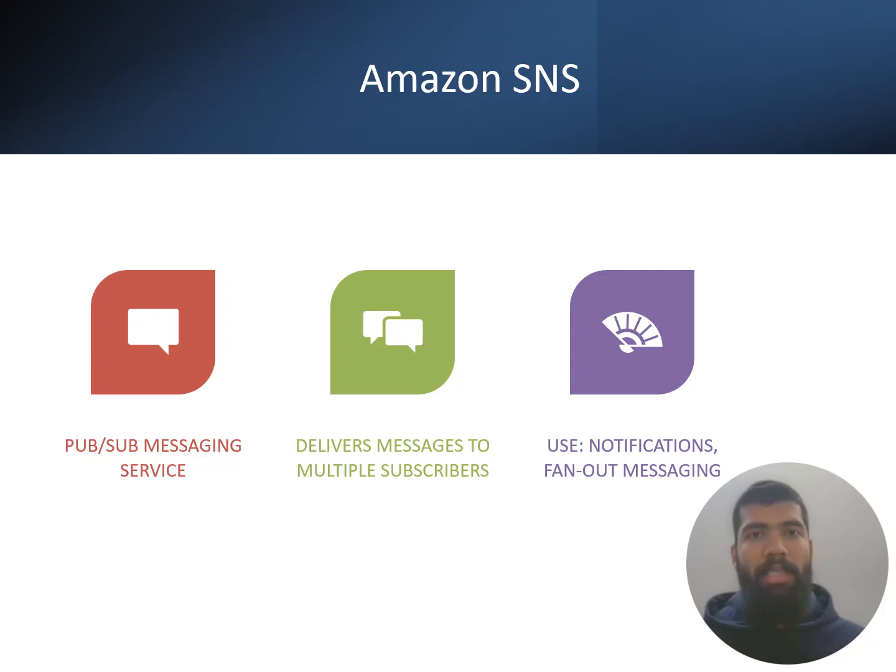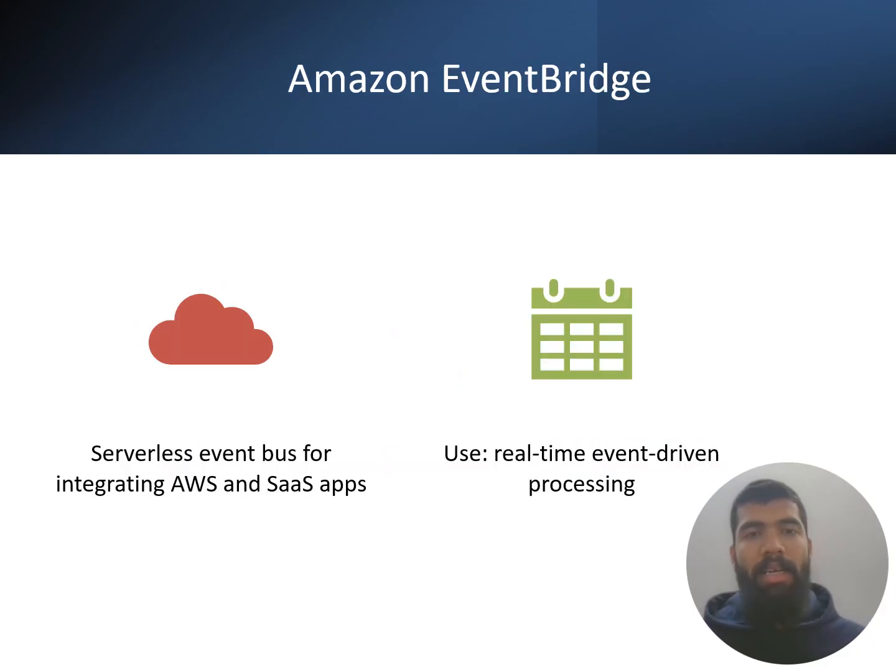All right, so next up, let's talk about Amazon EventBridge. Amazon EventBridge is AWS's most powerful event bus. EventBridge connects different AWS services and third-party applications through events, like a smart dispatcher.